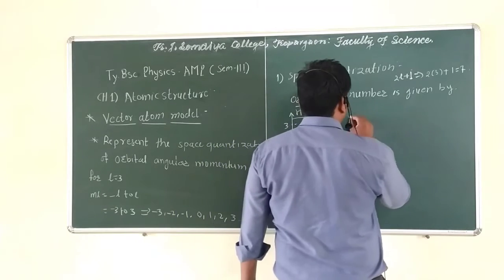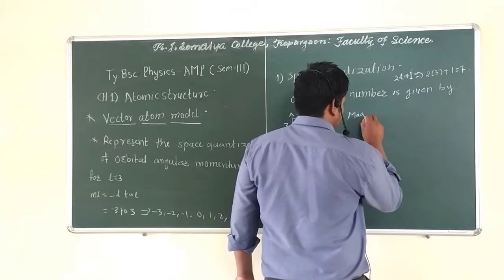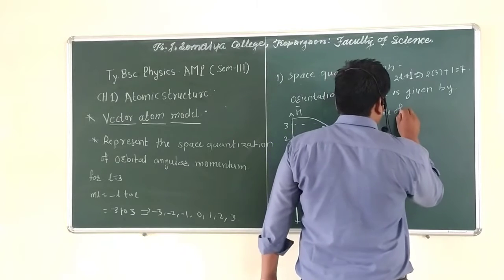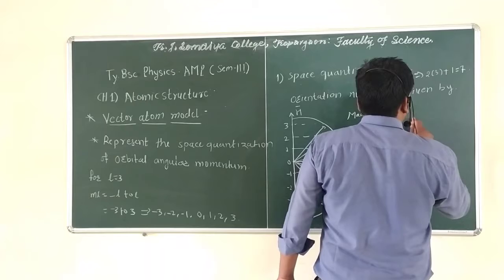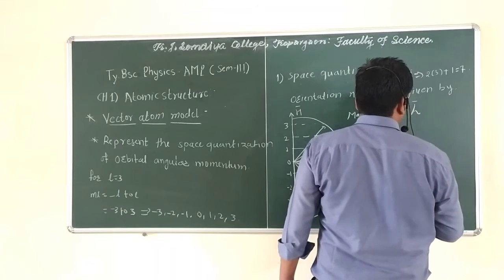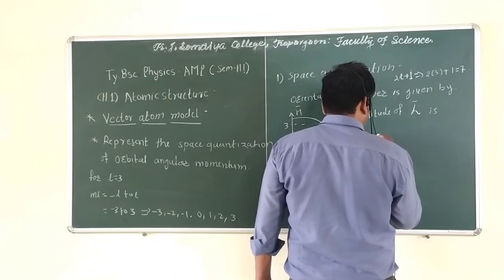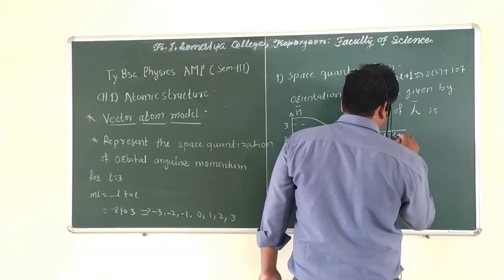So if we want to calculate the magnitude of orbital angular momentum, L bar is equal to the square root of L into L plus 1.